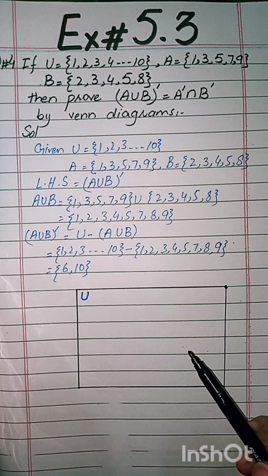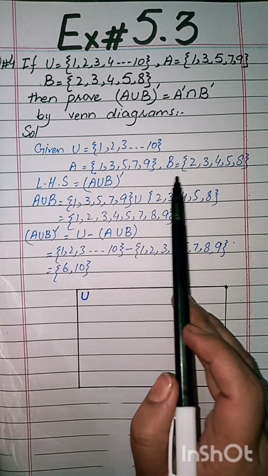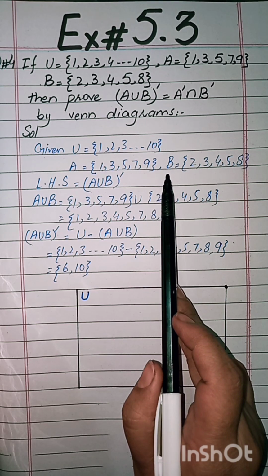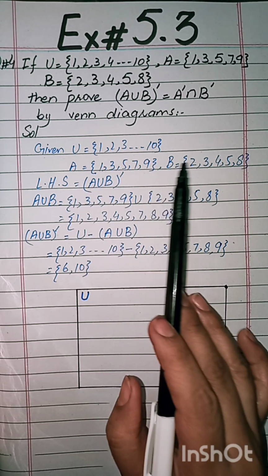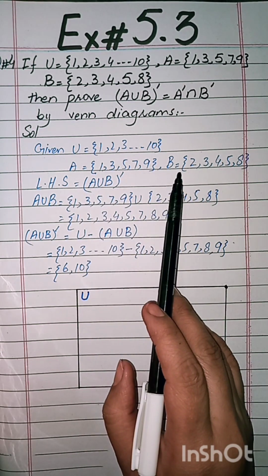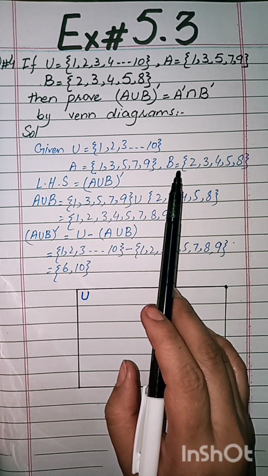There are a few types of subsets. One, which are distinct, meaning there is no common number between A and B. These two sets are distinct sets. There is no common number in the subsets.